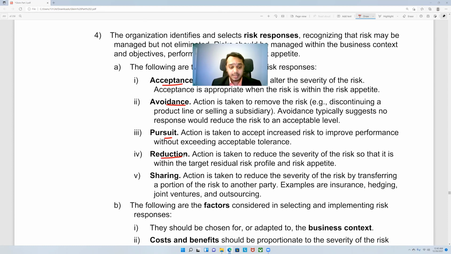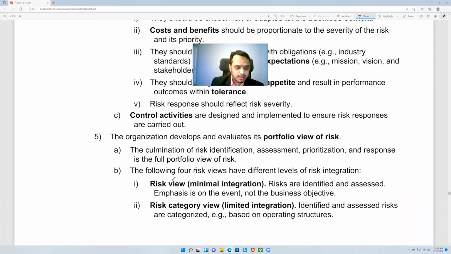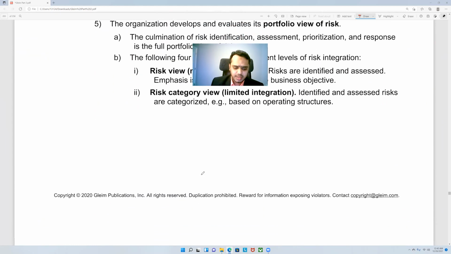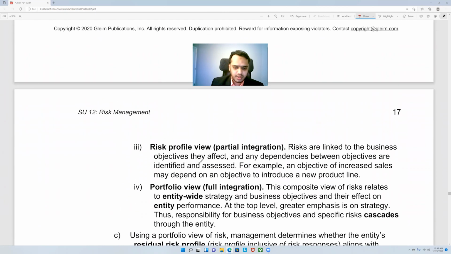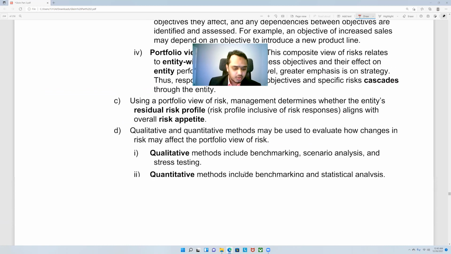Reduction, taking insurance, sharing again comes with insurance, taking part insurance, having partners for that particular thing. That's the way you do it. And I hope that till now, risk view, minimal integration, risk category, you guys can go through it. Risk profile, full integration, you guys can go through that.